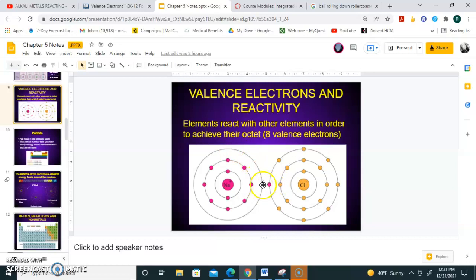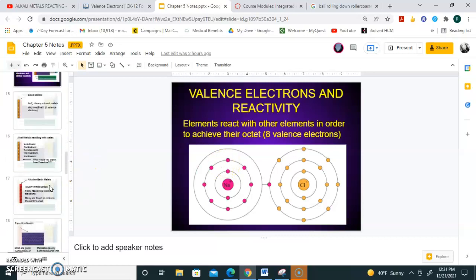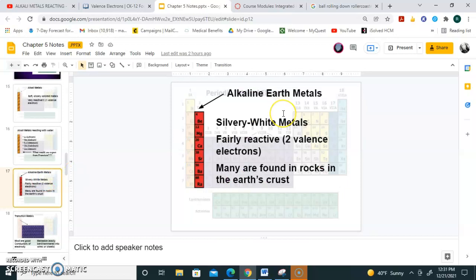When it gives it away, sodium is left with its full octet on the second energy level. So that's always the idea behind all of these groups: how reactive they are is based on how many valence electrons they have, which means how much they want to hold on to them or give them away, basically to complete their octet.